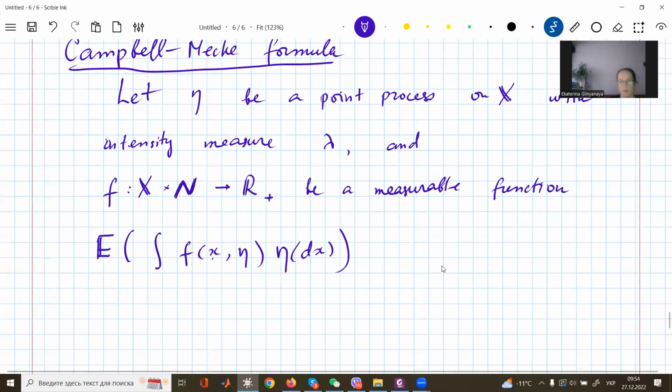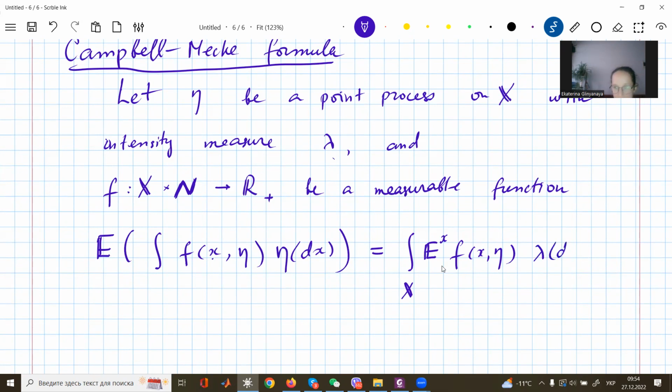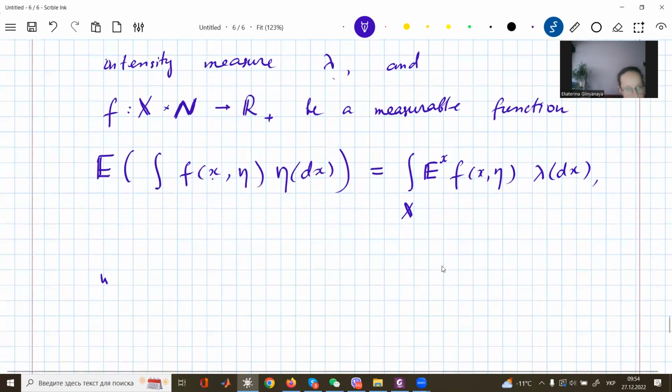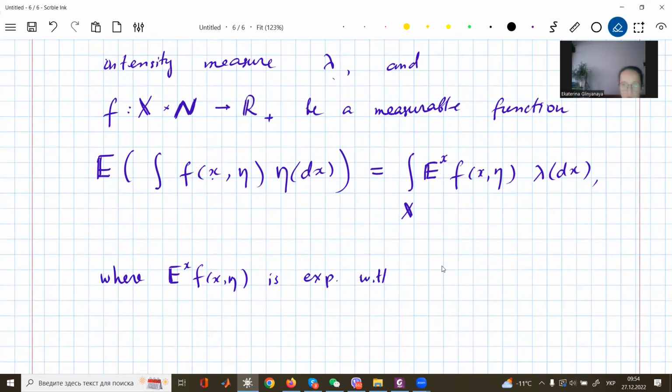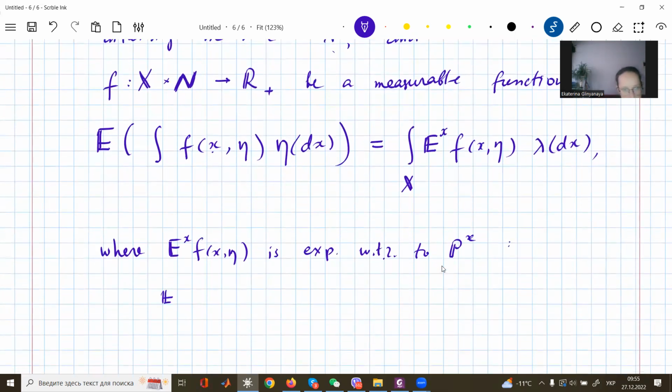And this is equal to the integral over space X. Here I will write the expectation with this symbol x, and an integral with respect to intensity measure, where this expectation is expectation with respect to measure P_x, or we can write it as integral.